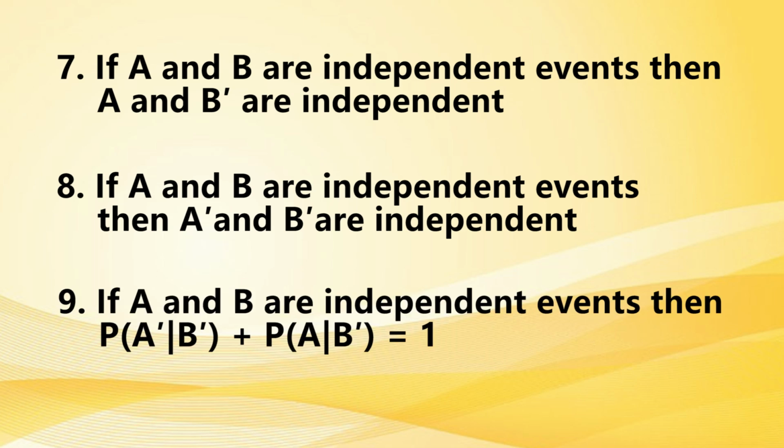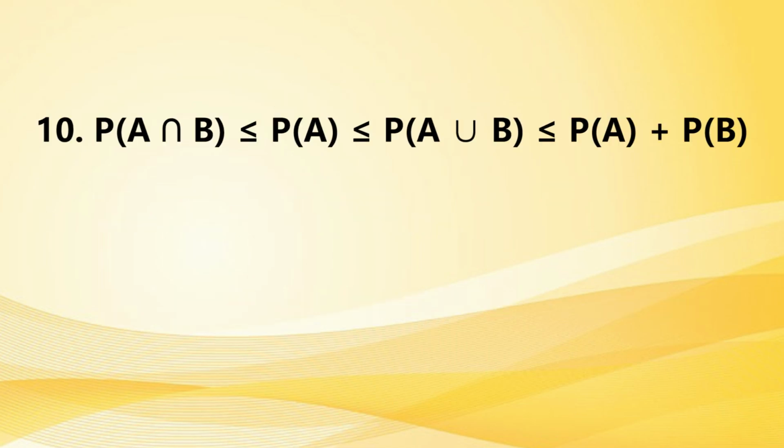If A and B are independent events, then probability of A dash given B dash plus probability of A given B dash is equal to 1. For any 2 events A and B, probability of A intersection B is less than or equal to probability of A is less than or equal to probability of A union B is less than or equal to probability of A plus probability of B.